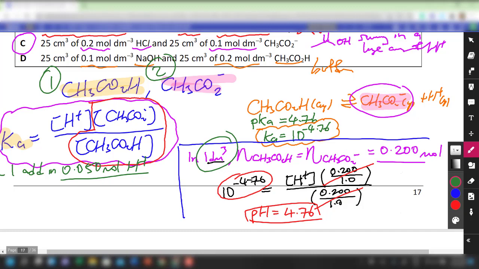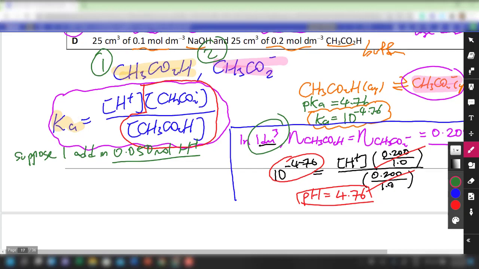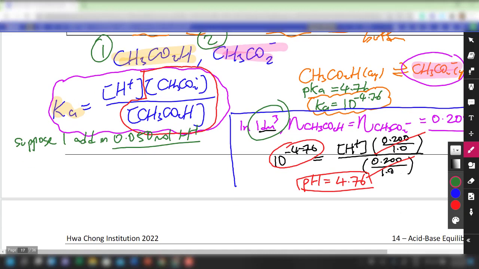So the ethanoate will undergo an acid-base neutralization reaction in a 1:1 ratio, and it will react with the H+ being added completely.